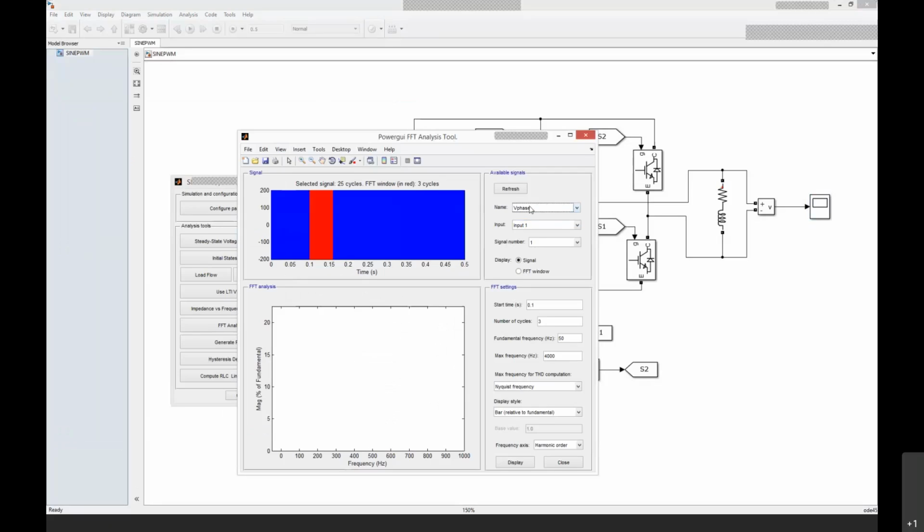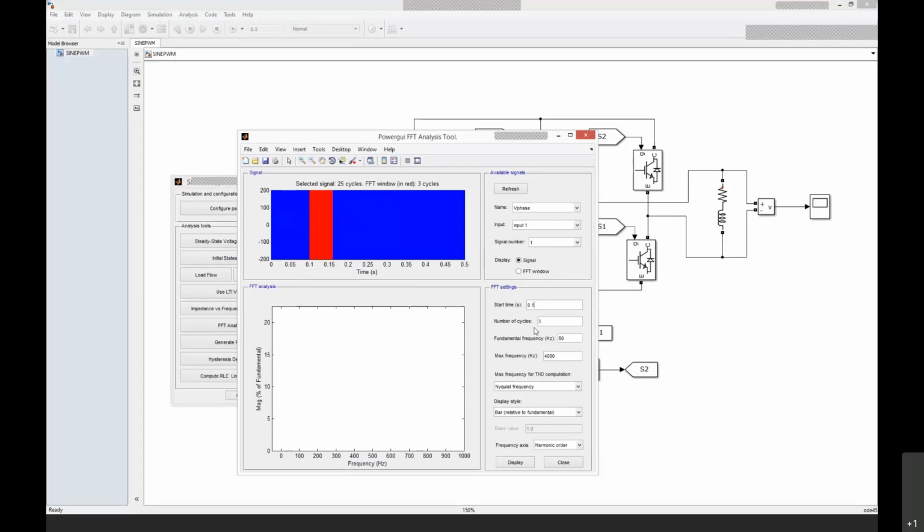If there are two or three other scopes, they are available here too. In the FFT settings, the first one is the start time, which is showing 0.01. In general we need to neglect the initial part; it is not a good idea to start from 0, so you can skip the transient of the waveform. You may consider 0.1.